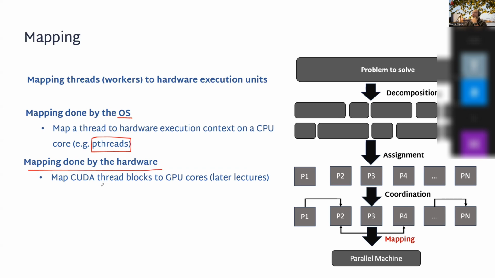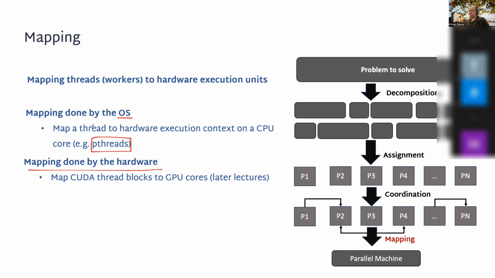Like when you write GPU code, the GPU is responsible for mapping your CUDA threads or CUDA thread blocks to some GPU cores, right? So this is roughly how you would want to design a parallel program in general.